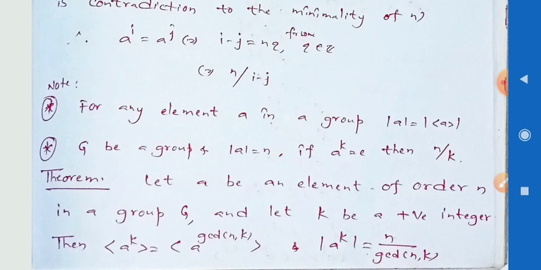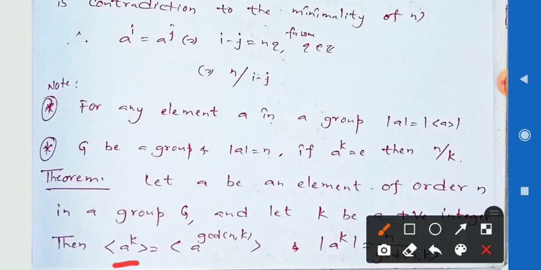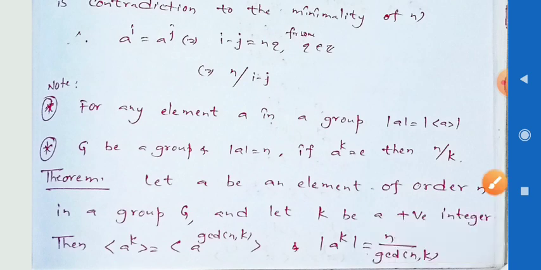Once again I am saying, if a is any element of order n in a group G and k is any positive integer, then we can show this result: the generator of a^k is equal to the generator of a^gcd(n,k), and another one, the order of a^k is equal to n divided by gcd(n,k).